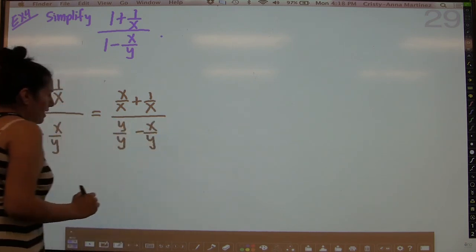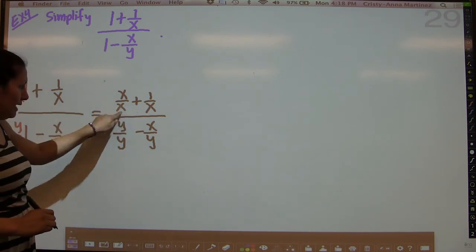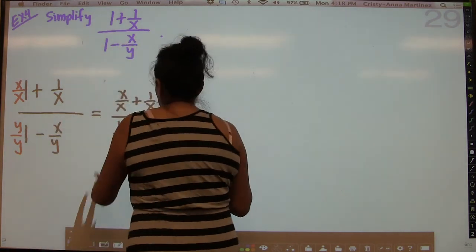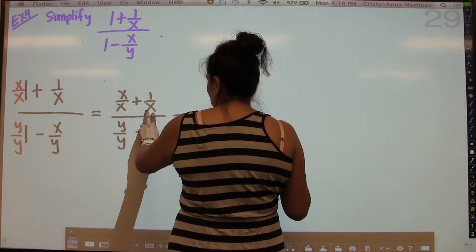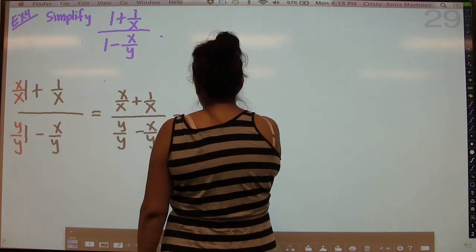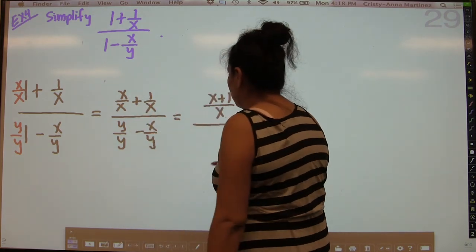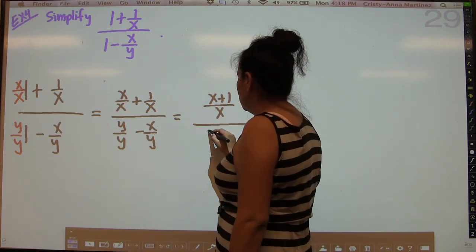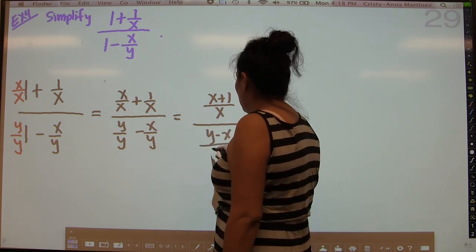You can see what I mean by the common denominator here would be x, common denominator here would be y. And then, since they have the same denominator, you can combine the tops to get x plus 1 over x. So now you've taken the two separate fractions and made it one fraction. On the bottom, you do the same thing. You can go y minus x over y.